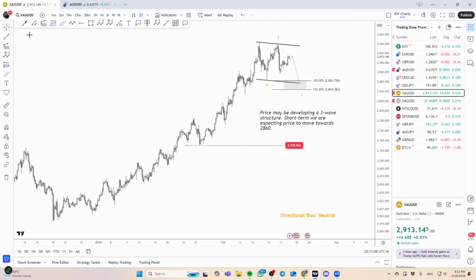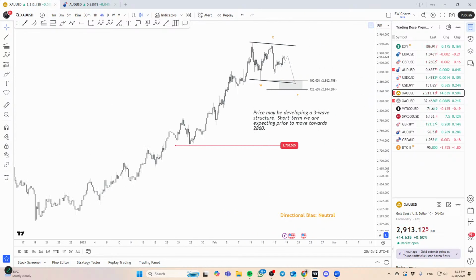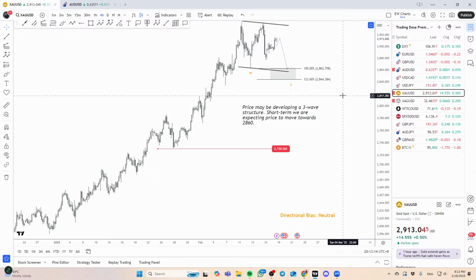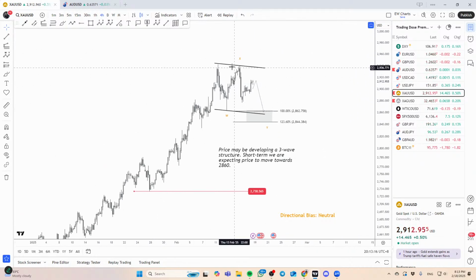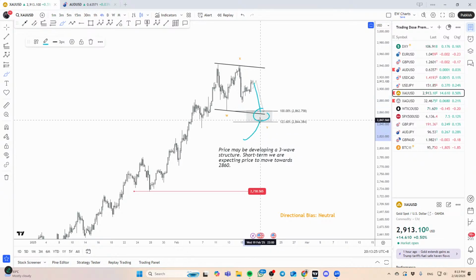Then we have gold. The simplest expectation forecast is that we are seeing some sort of a three-wave correction, WXY over here. We are expecting the market to come back towards this key area.